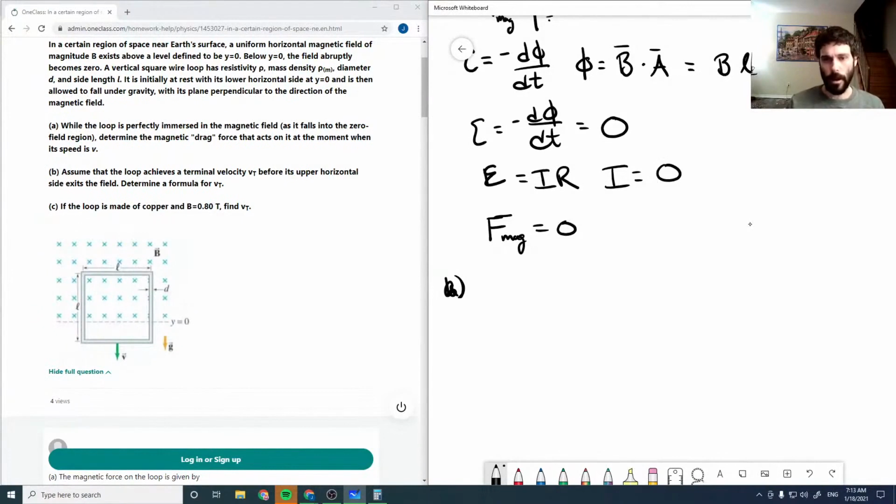So our F mag is 0 up until it essentially reaches this point. And then as we start to move the loop into the zero field region, that's when things start to happen.